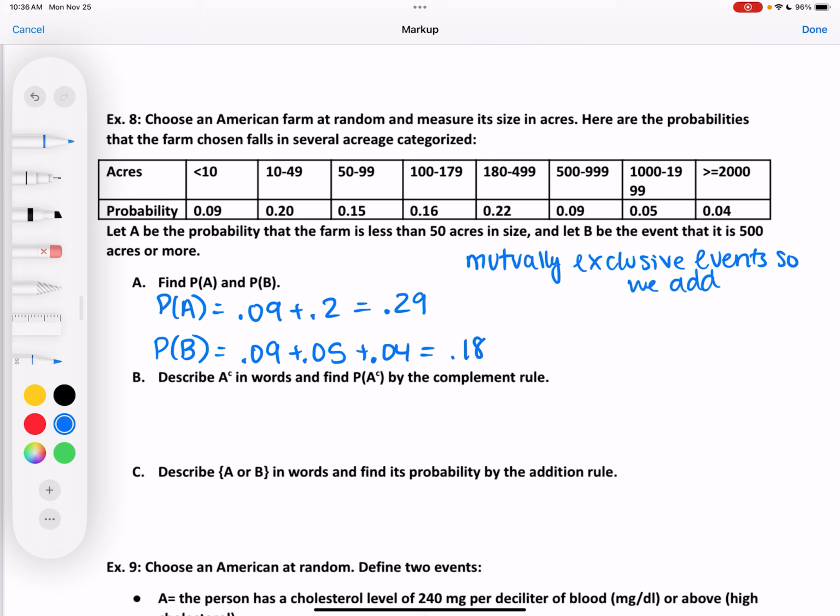All right, so let's see if y'all can do this. Describe a complement in words. Let's do that part first. What would that mean if I told you to tell me what the complement of A is? Like in the context of this problem specifically.